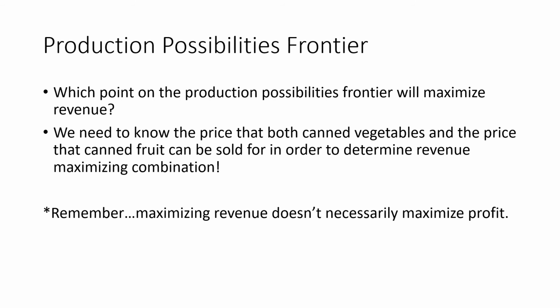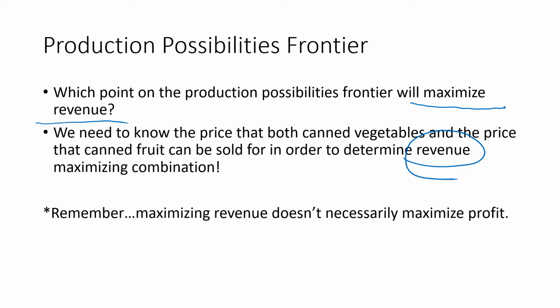The next question that we want to answer: we're given all of the various combinations of outputs that we can create with a specific input, but we don't know which will maximize our profit. What we need to know is the price that both products could be sold for in order to figure out the profit maximizing combination, or at least the profit maximizing revenue.